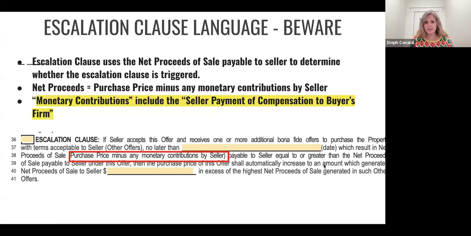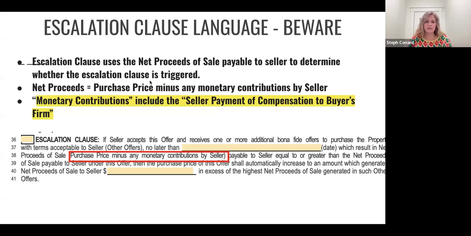The net proceeds technically equals purchase price minus any monetary contributions by the seller. Monetary contributions include the seller payment of the compensation to the buyer's firm. So we should be using that commission amount named on the last page when we are figuring out the net proceeds of sale.